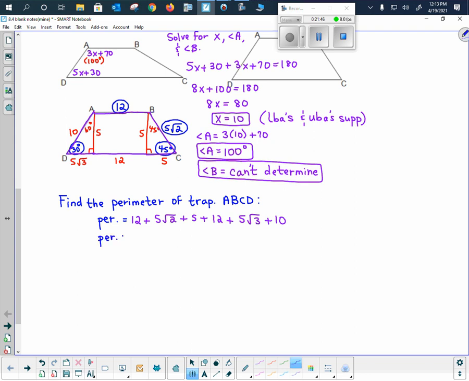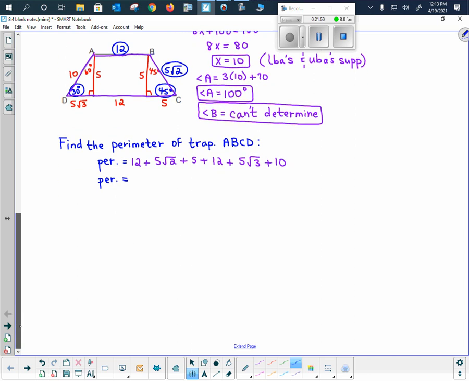And so my final perimeter then is, now this is just about, do you know what to do with like terms? Okay, so if you add 12 and 12, 24 and 10, 34 plus 5 is 39, it looks like. And then I have 5 root 2's. Remember, adding an S on the end helps you.